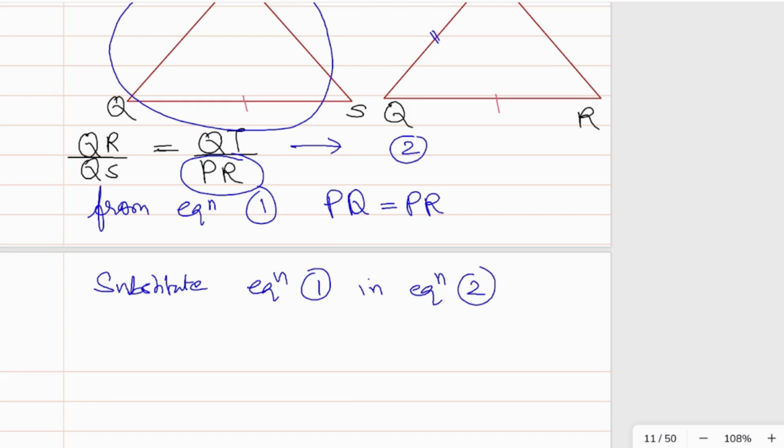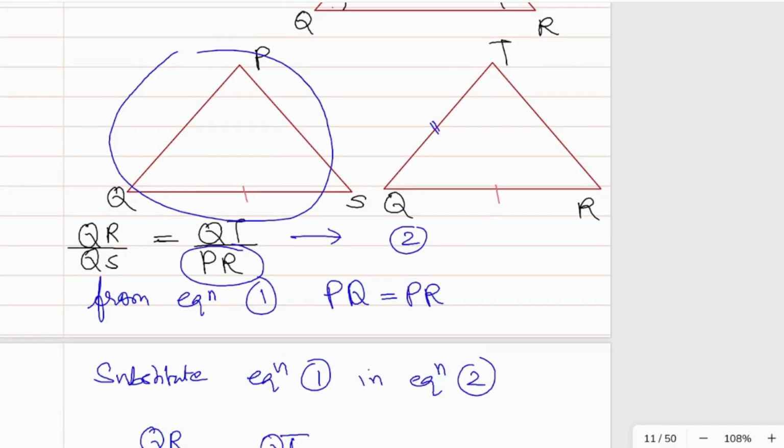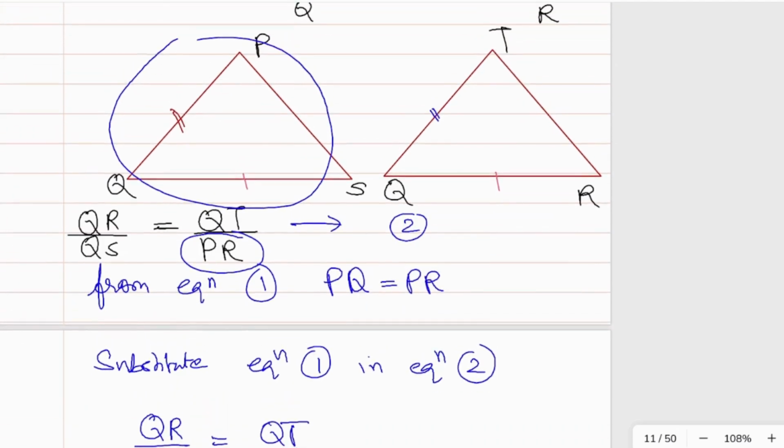What is our equation? QR by QS equals QT by PR. But what will I do? I will replace this PR using PQ. That means I got QT by PQ, right?